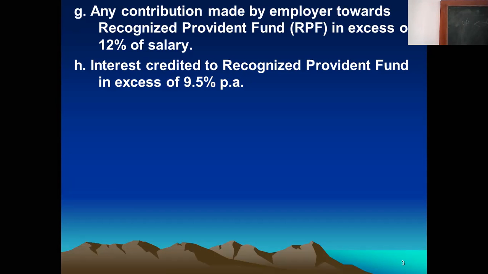Rate of interest is 10%, and the amount credited to our account is 10,000. Then what is the taxable interest and what is the exempted interest on RPF?